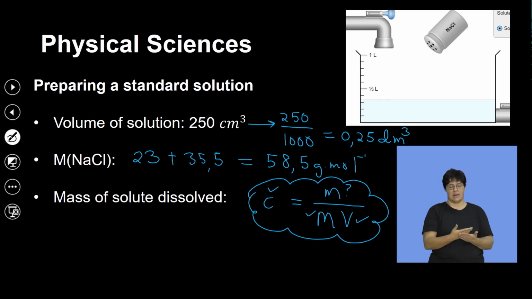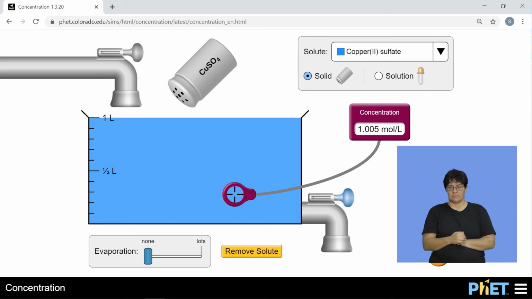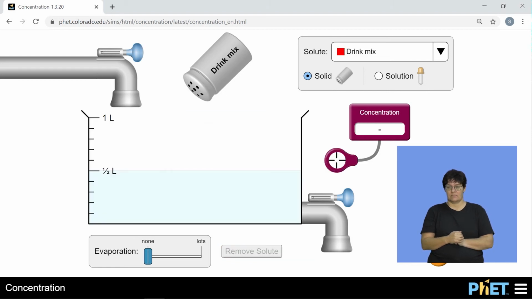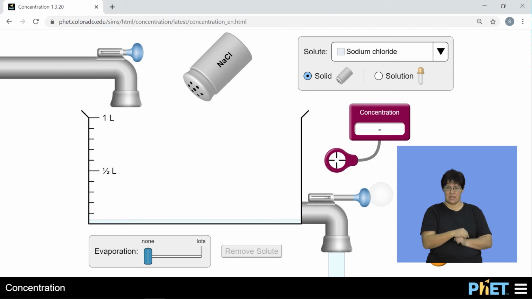We can do this by way of a simulation just to show exactly what happens. If we go to our simulation, let's change that to sodium chloride because that's our substance, and the total volume of the solution must be a quarter, which is 250 cubic centimeters.